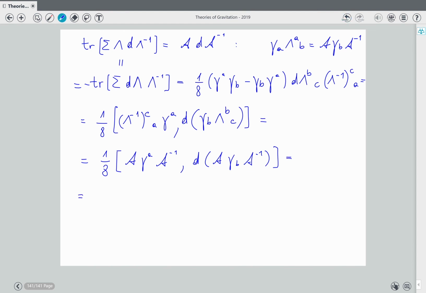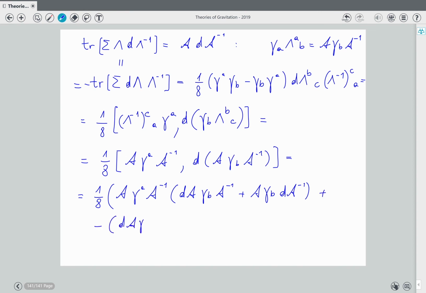So we have to do it. So 1 over 8, first contribution, A, gamma A, A minus 1, times the derivative. That is dA gamma B, A minus 1, plus A gamma B, dA minus 1. And this is the first part of the commutator, then you have the other part. Minus, you commute the two things.